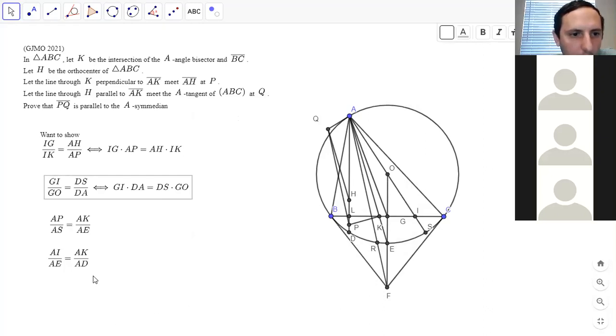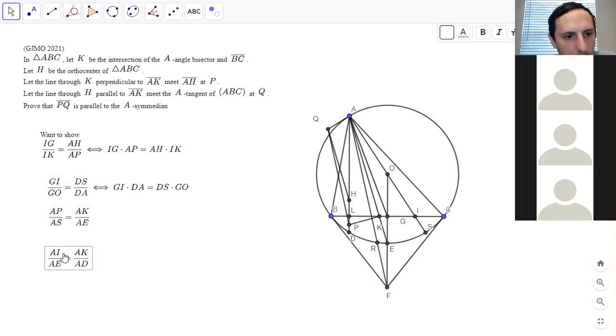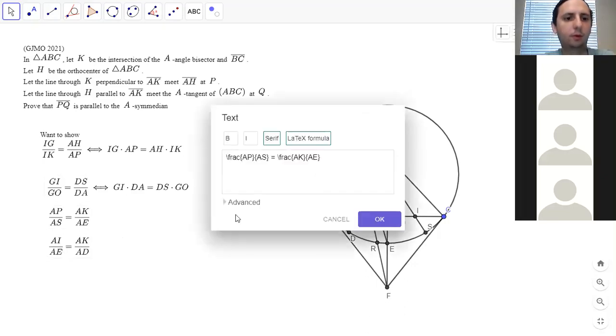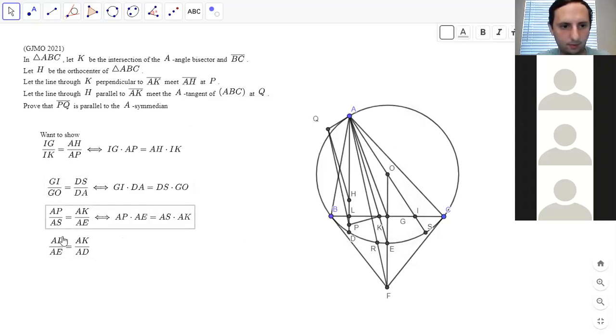I guess it's getting rid of the AS. So if we combine the three of these, it looks a lot like this. We multiply it for all three of them.